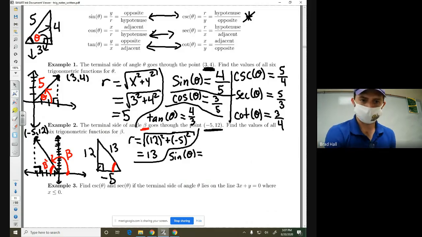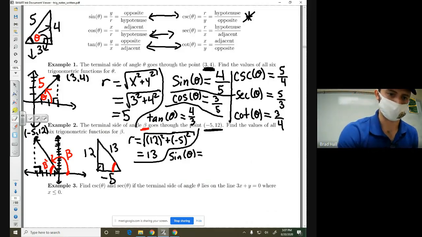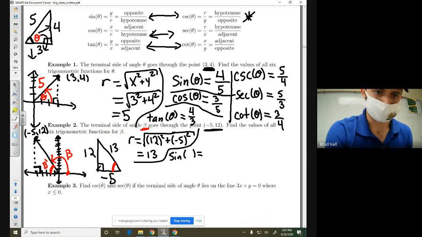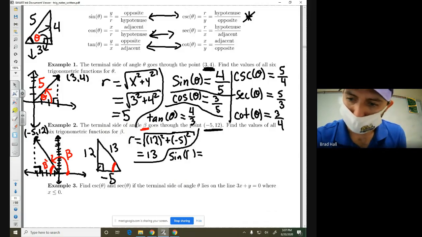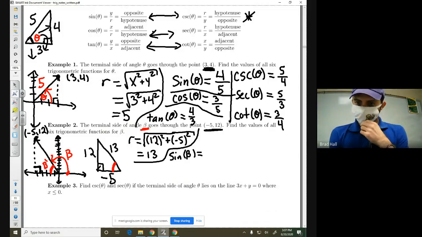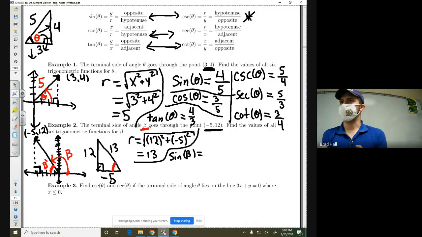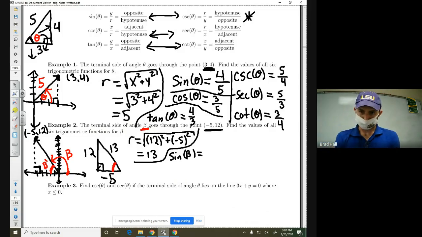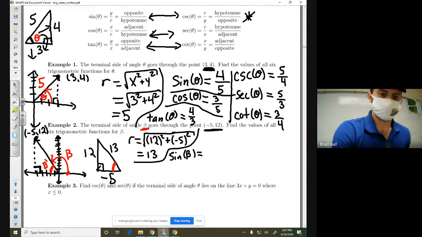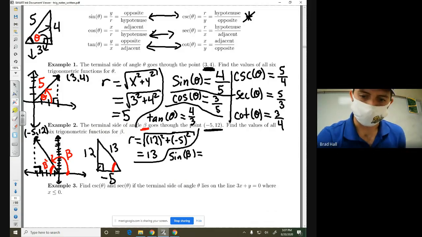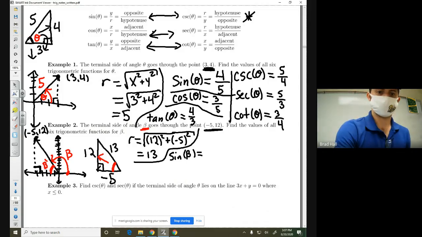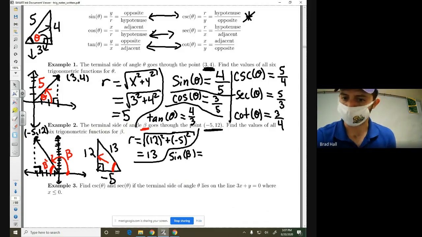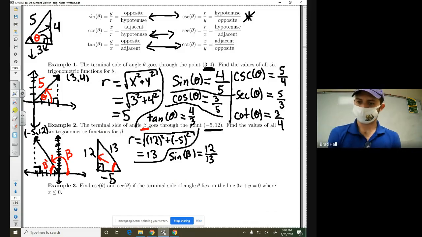So sine of beta is going to be the opposite over hypotenuse of the triangle that we constructed. Of the triangle we constructed right here, the opposite is 12, just right across from the interior angle. What's the hypotenuse? We found that to be 13.